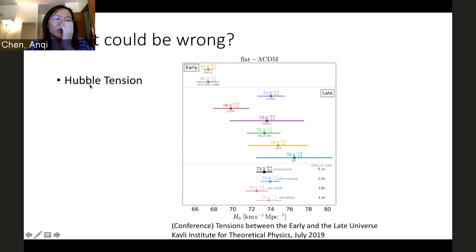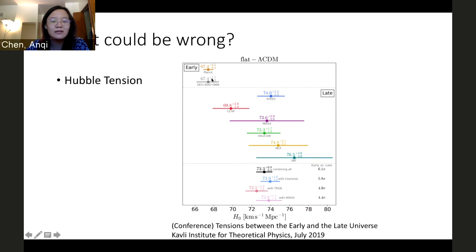So, the Hubble tension. Here's a picture I took from a tension conference last year. As you can see, all the late-time measurements of the Hubble constant are higher than the early-time measured Hubble constant. It's at the 4 to 5 sigma level. Although only Planck is listed here, we have other CMB measurements like ACT currently, also combined with BAO and BBN.